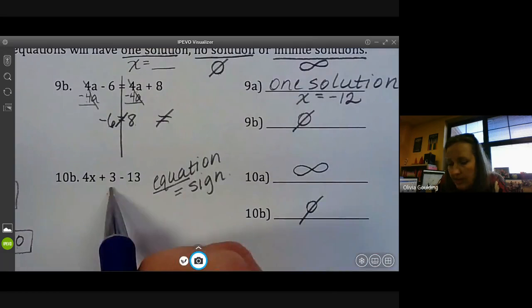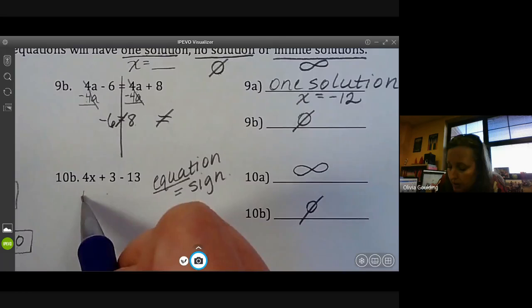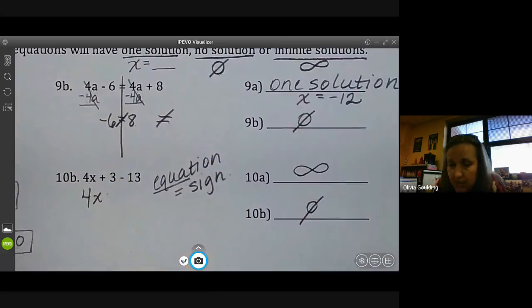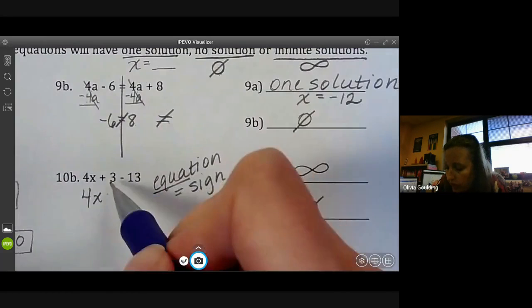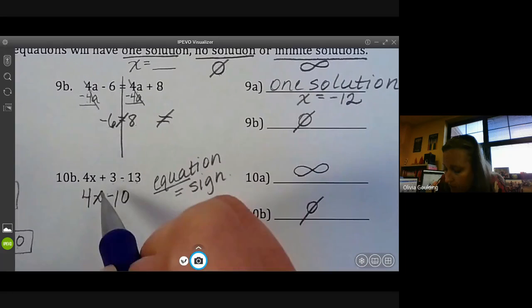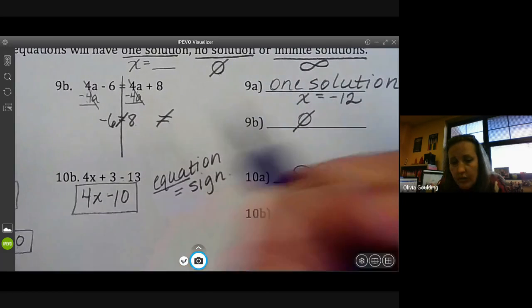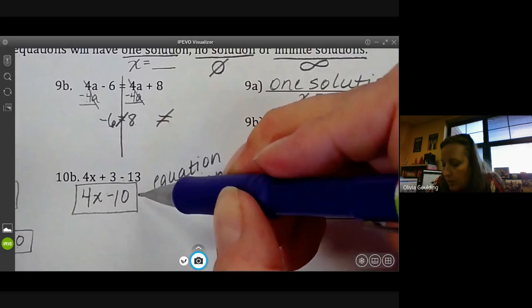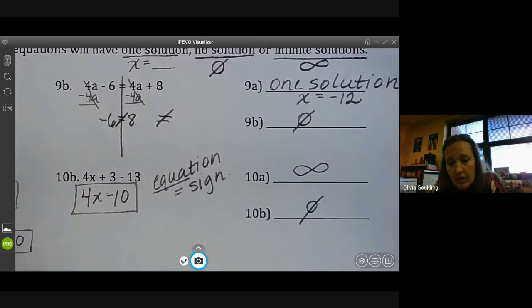But what I could try to do is simplify this, right? That's not what the instructions are asking me to do. But all I actually could do, if this was a math problem, it would say simplify. And I have 3 minus 13, and that's going to give me a negative 10. But that's as far as I could ever go with that. It's not an equation.